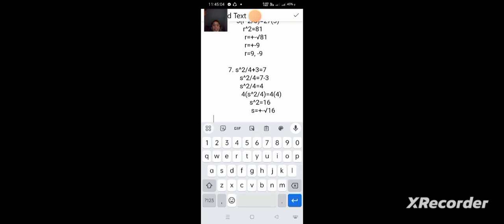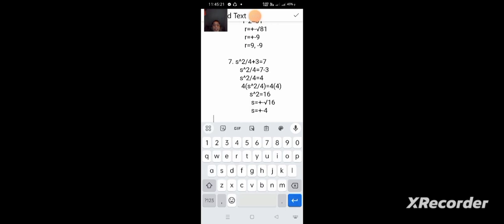So getting the square root of 16, the equation becomes s is equal to plus minus the square root of 16 is 4. Therefore, s now has the value of 4 and negative 4.